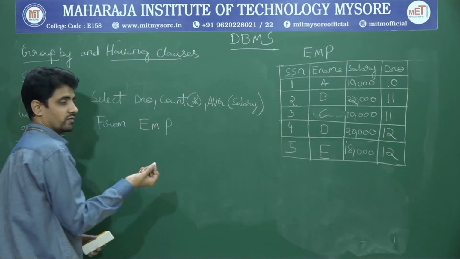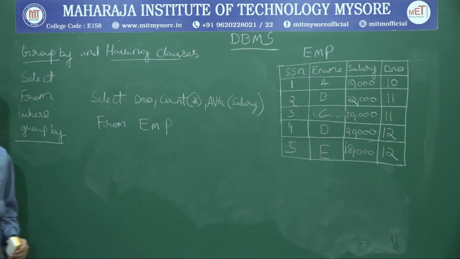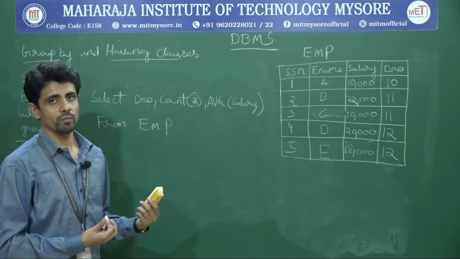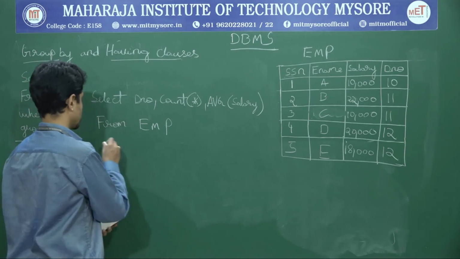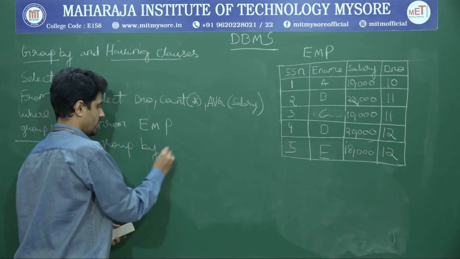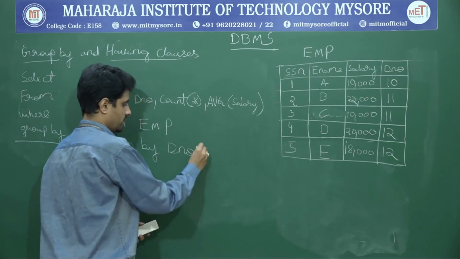Okay, there is no where condition given, because the where condition speaks about a specific row being selected, but we don't want any particular row. It has to happen internally, that is we are asking to group and find out how many employees are working in each department. So we need to apply group by D number.